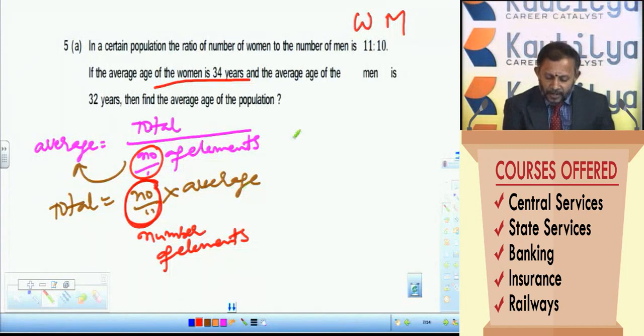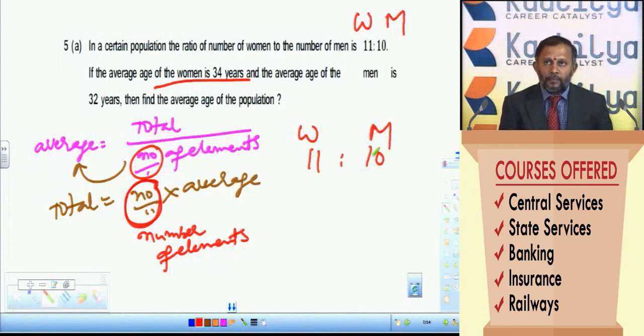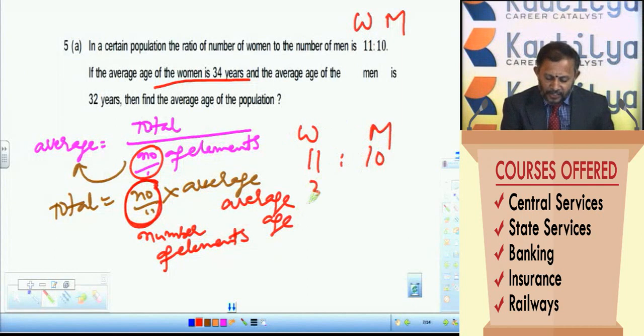Next, as per the data, the ratio between women and men is 11:10. Next, the average age of a woman is given as 34 years, and the average age for a male candidate is given as 32.